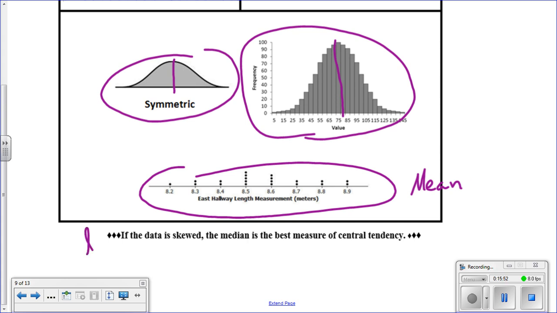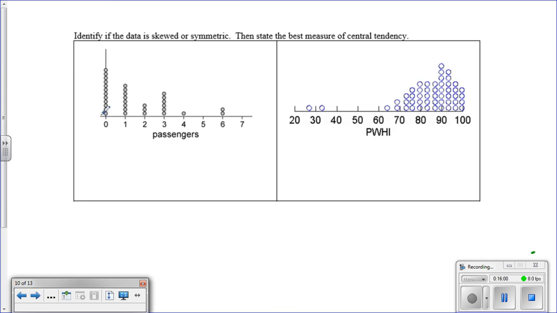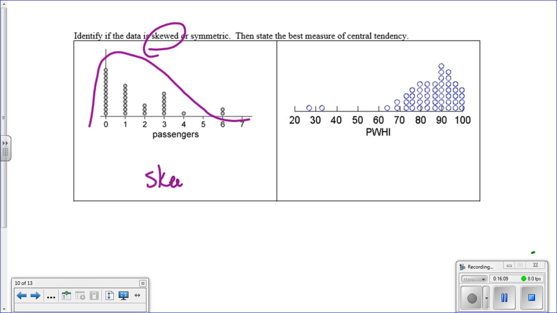The thing that you have to remember is that if the data set is skewed, you have to use the median. So let's practice. So we're going to identify if it's skewed or symmetric. So this is going to be skewed. This is actually skewed to the right.